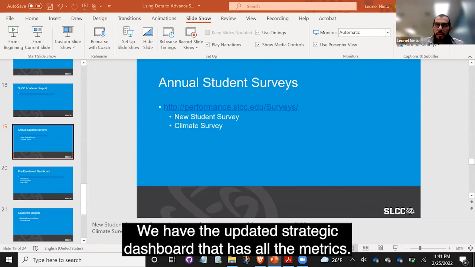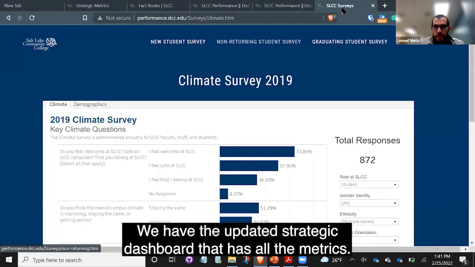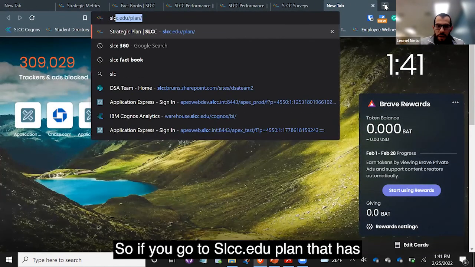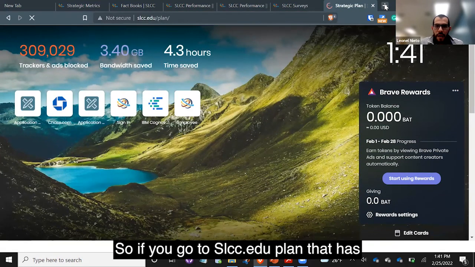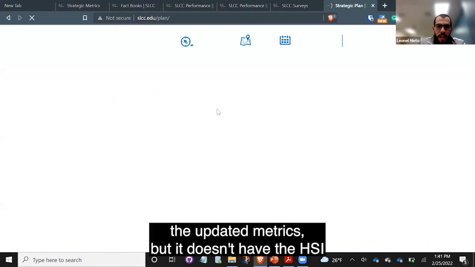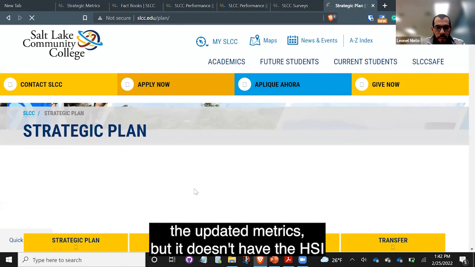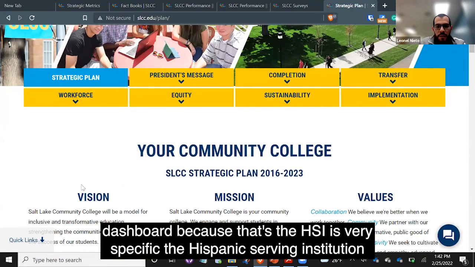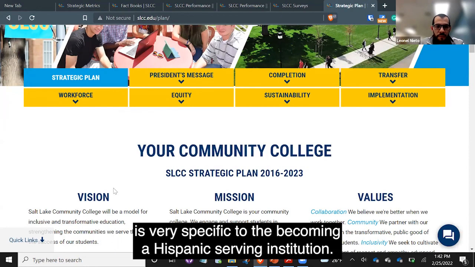We have the updated strategic dashboard that has all the metrics. So if you go to slcc.edu/plan, that has the updated metrics, but it doesn't have the HSI dashboard, because the Hispanic Serving Institution dashboard is very specific to becoming a Hispanic Serving Institution.